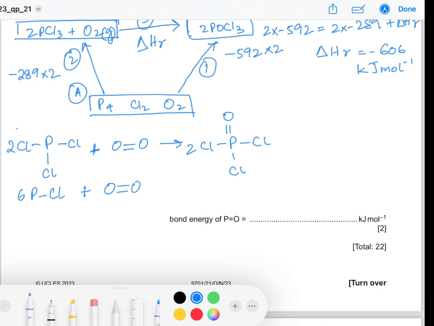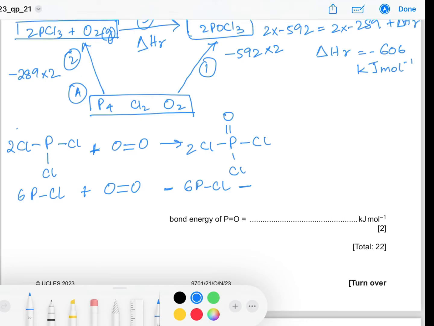Then you will make 6 phosphorus chlorine single bonds, because you have 3 bonds in 2 molecules, so you denote that by negative 6 phosphorus chlorine bonds, as well as 2 phosphorus oxygen double bonds, as you have 2 molecules and each one of them will have a phosphorus oxygen double bond.